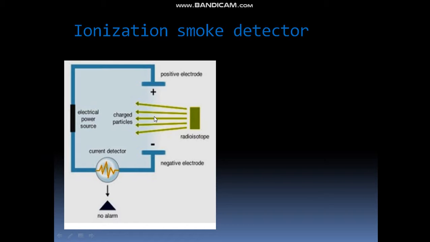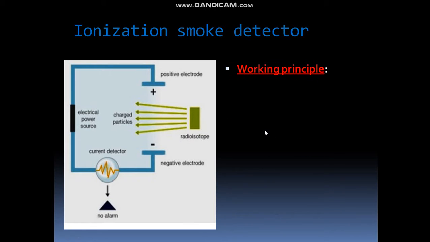When the radioactive rays, that means either alpha, beta, gamma rays, enter the chamber, they always ionize the gases. Due to the ionization, charges are produced. Those charges are converted into current, and that current is sent into the detector. So this is the basic principle.